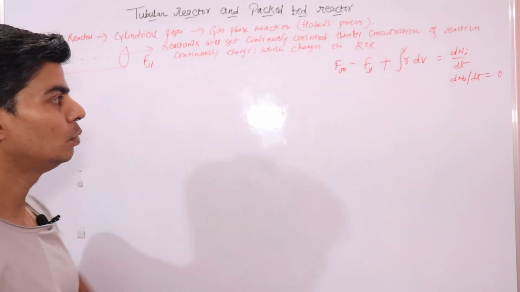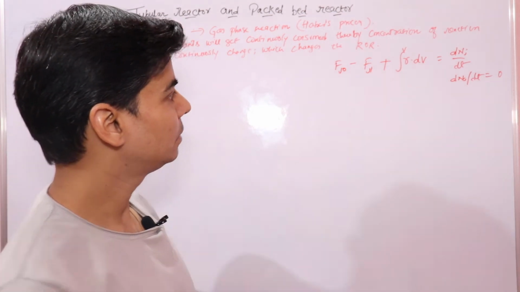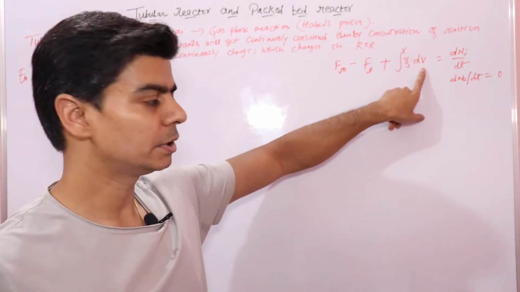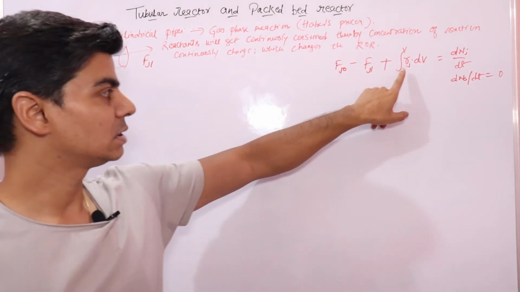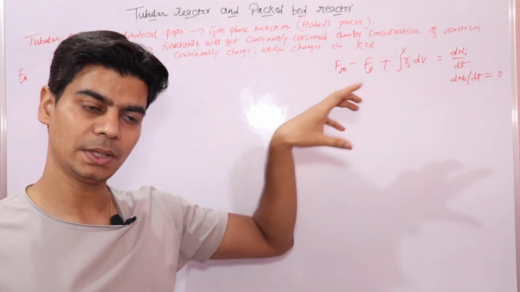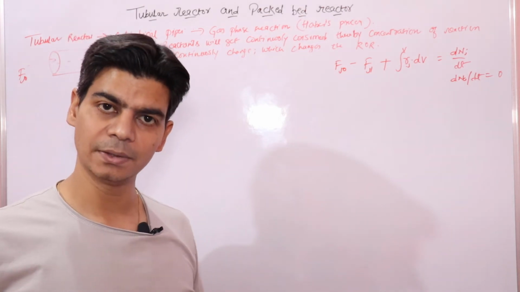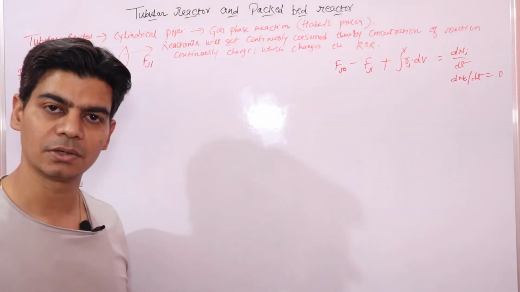Now in order to find this, that is the rate of reaction, this Rj means the rate of reaction, and this is dV, the volume. Since I said that the rate of reaction is continuously changing, we cannot determine the rate of reaction exactly. What we actually get, if we find the rate of reaction in this entire volume, is an average rate of reaction.